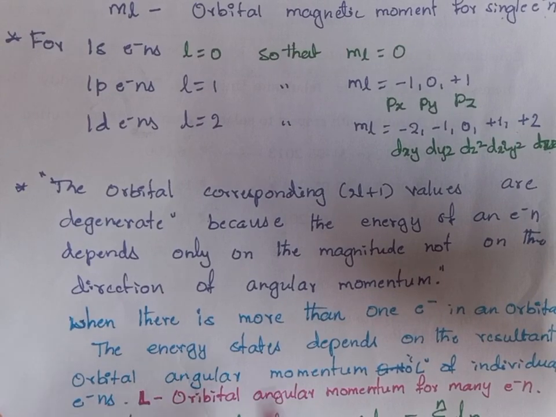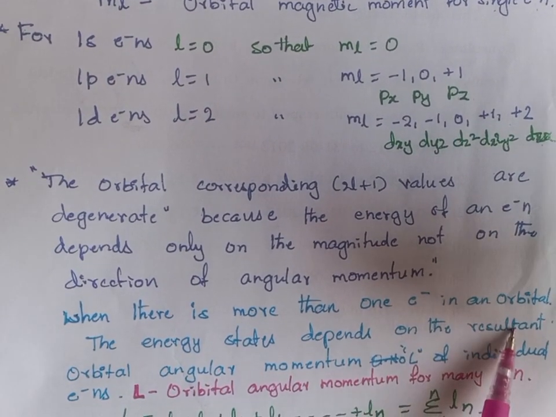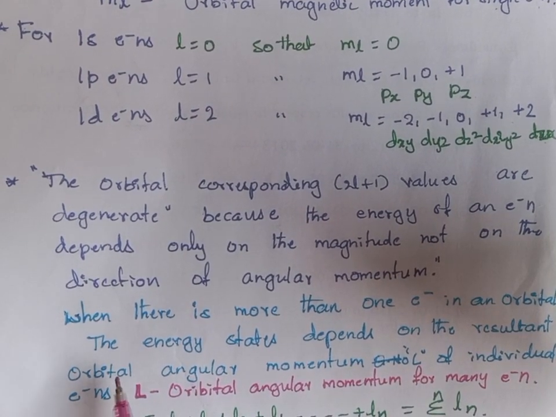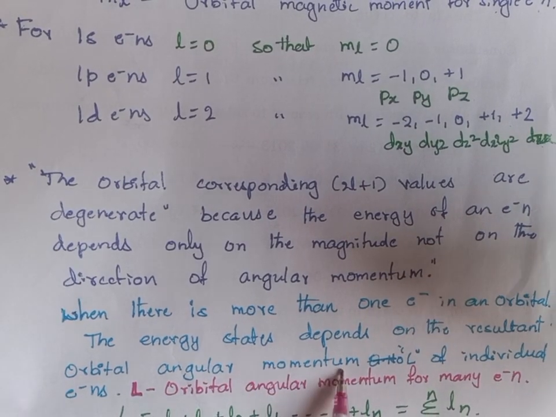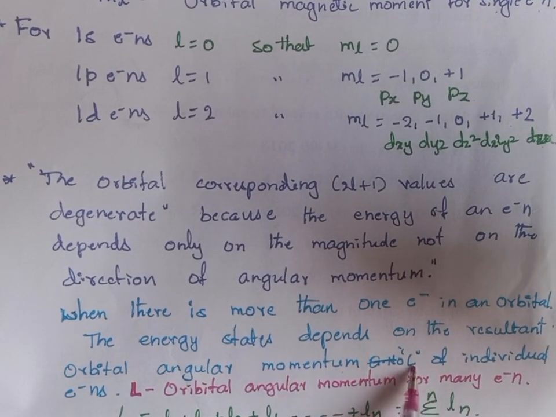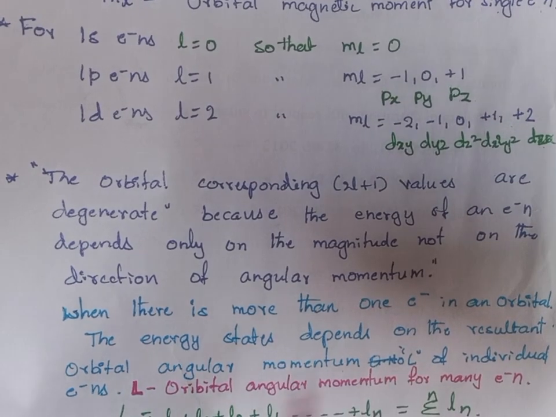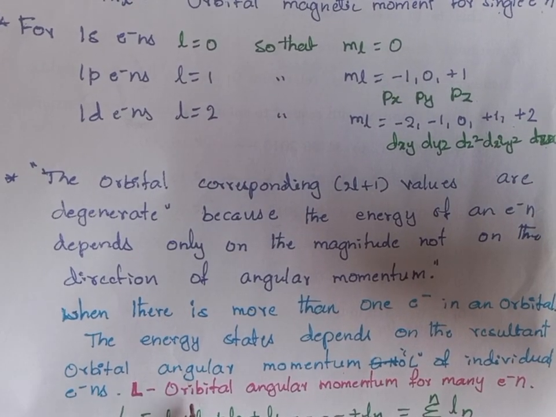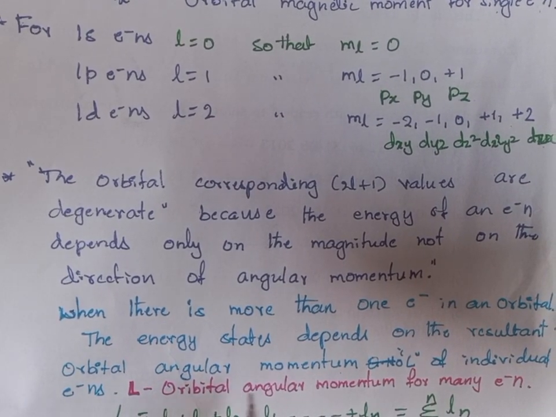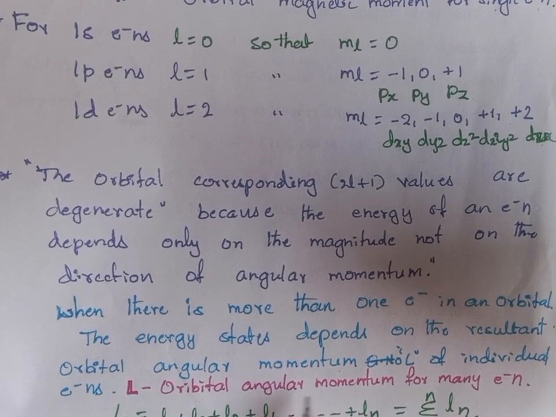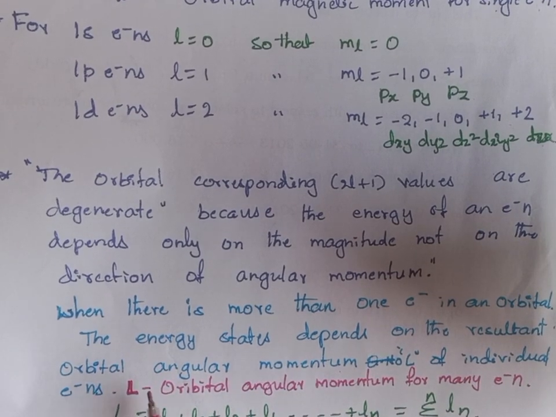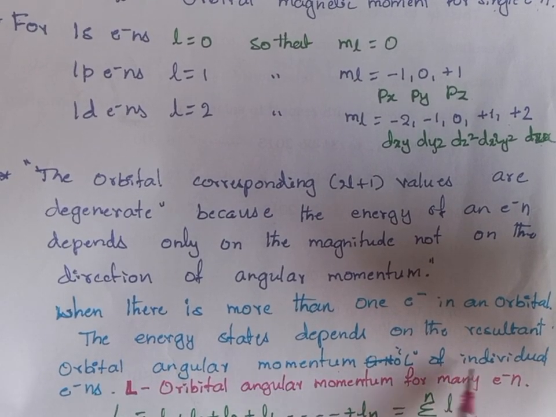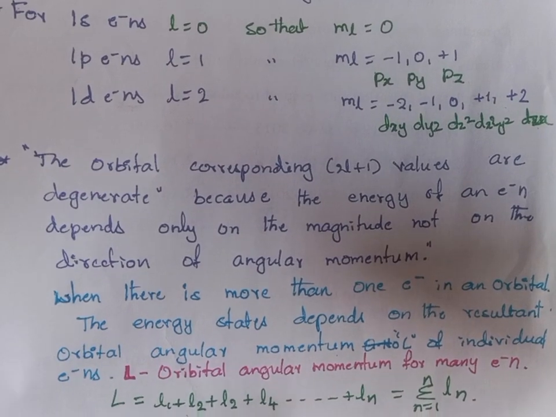So when there is more than one electron in an orbital, what will happen? The energy states depend on the resultant orbital angular momentum, which will be capital L. This capital L can be said to be the total orbital angular momentum, or the orbital angular momentum for many electrons, or for individual electrons.